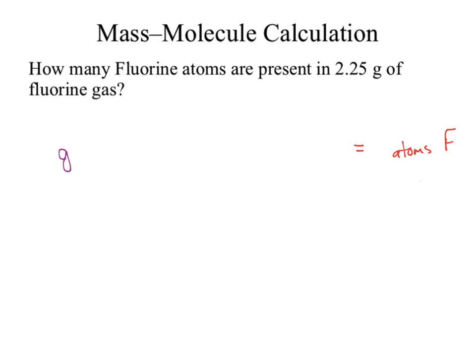We're given grams of fluorine gas. Okay, but again, writing it out that way doesn't give us the symbology or the easiest way to cancel those units. So we need to use our shorthand notation for that. And what is our symbol for fluorine gas? F2. We should immediately be having an issue here.